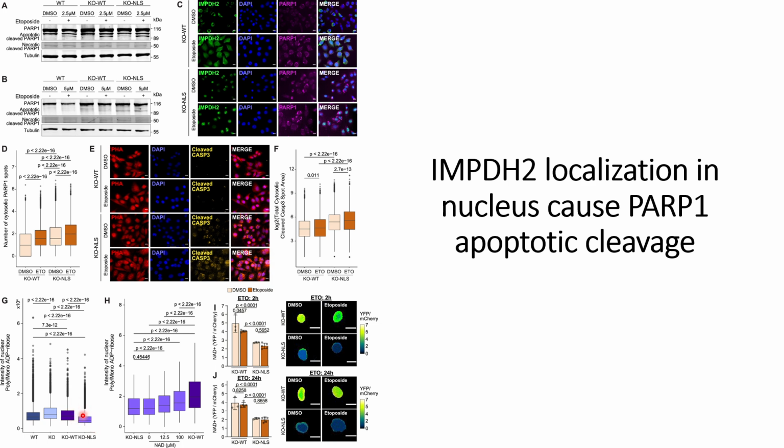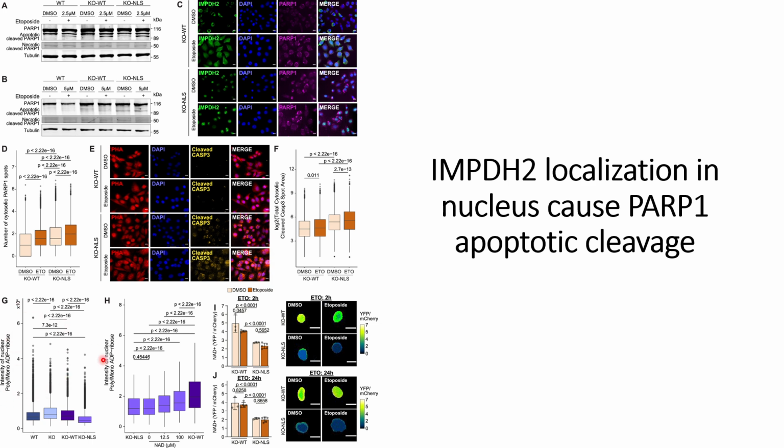This is because more IMPDH2 is in the nucleus and it interacts with the NAD plus, which leads to a lower amount of NAD plus in the nucleus, and this low NAD plus amount will cause low polymono adenosine diphosphate ribose presence in the nucleus.